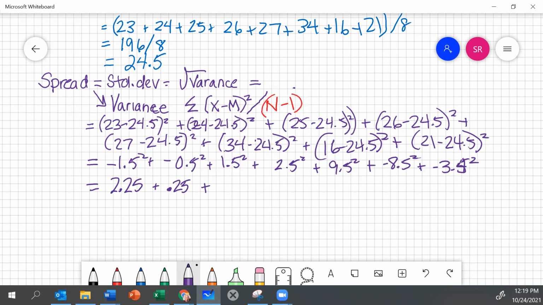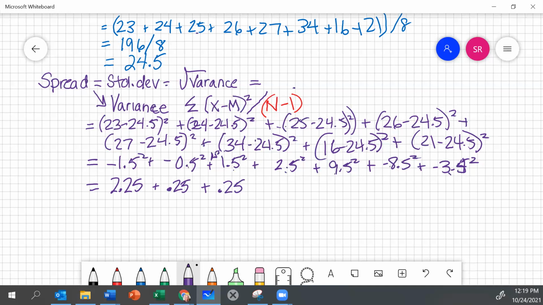and I see, did I make a mistake here? I did make a mistake because I missed a 0.5. I missed this when I was writing it down up here. So here is another 0.5 squared. This one should have been down here. There we go. So plus 0.25. I should have counted these: 1, 2, 3, 4, 5, 6, 7.